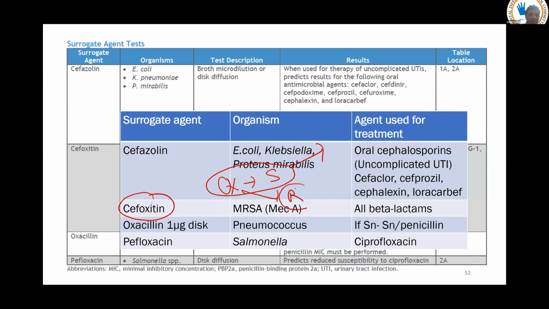If you report oxacillin as resistant, you have to add a footnote that it is a surrogate marker for all beta lactams. Therefore, avoid all beta lactams because it is a MRSA strain. So such footnotes should appear in your AST table.